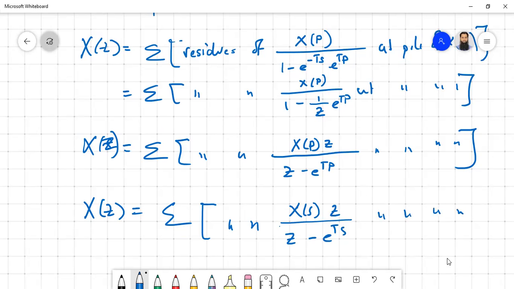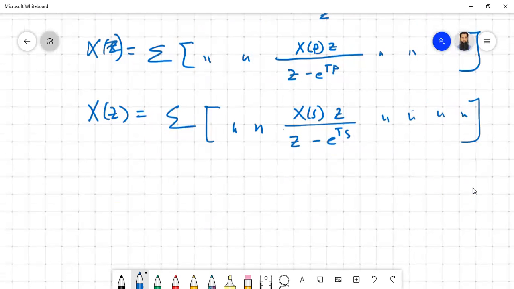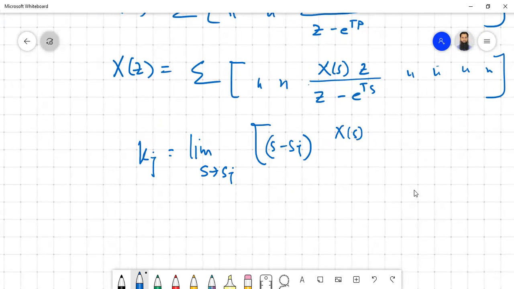Now, how do we calculate the residue? I think you can recall from the last chapter that if it is a simple pole, we can write it this way: the limit as s tends to s_j, multiplied by that simple pole factor, with whatever we have already figured out, z minus e to the power Ts.